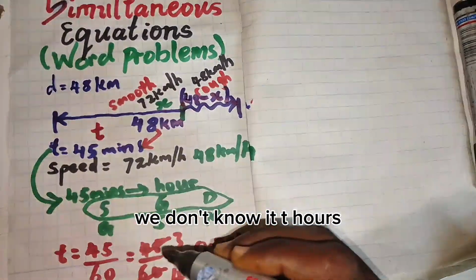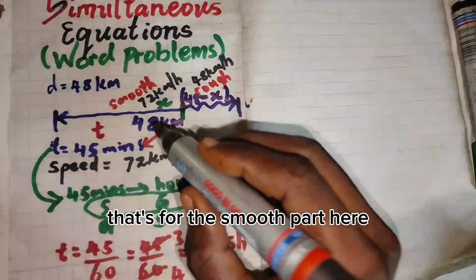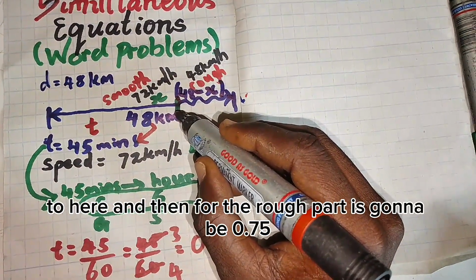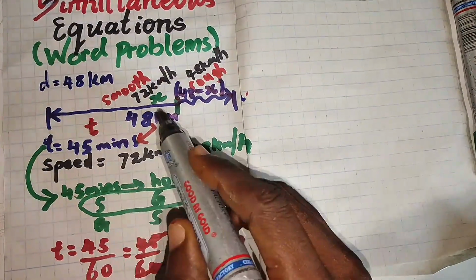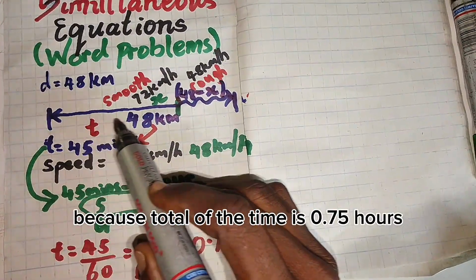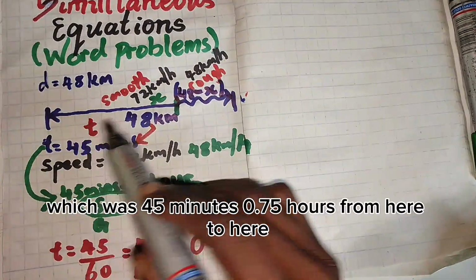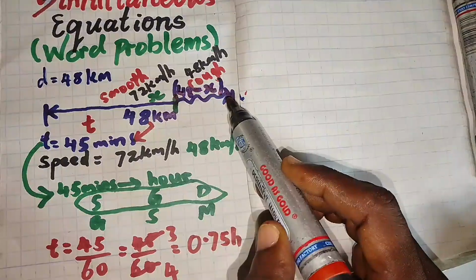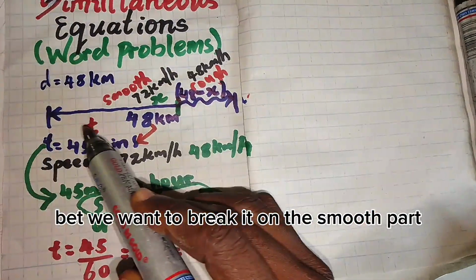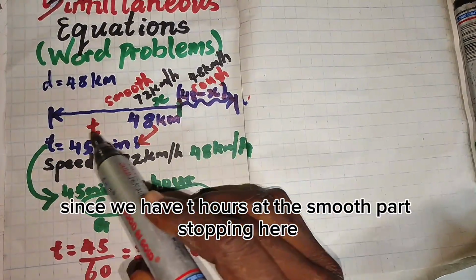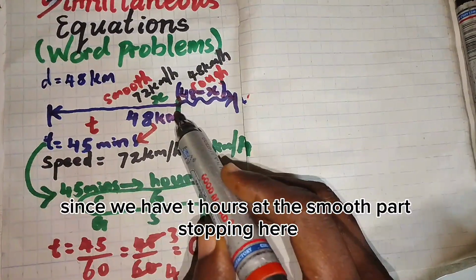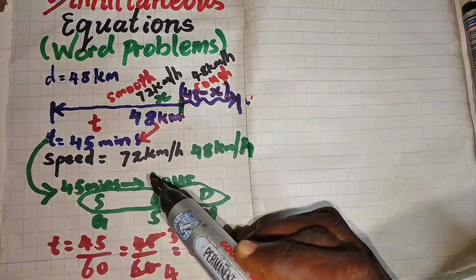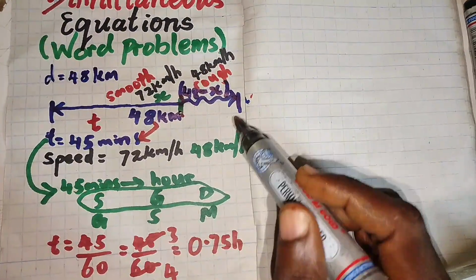We don't know it, T hours. That's for the smooth part here to here. And then for the rough part, it's going to be 0.75 take away this T, because the total time is 0.75 hours, which was 45 minutes. But we want to break it on the smooth part. Since we have T hours at the smooth part stopping here, the remaining part is going to be 0.75 take away T.